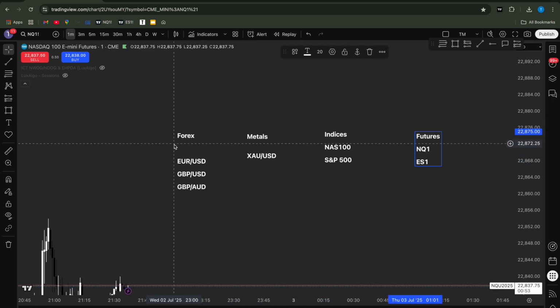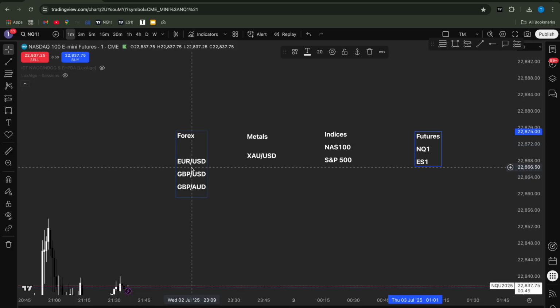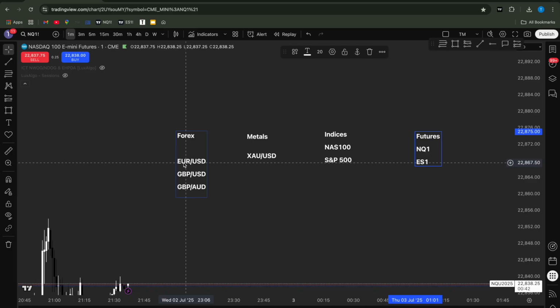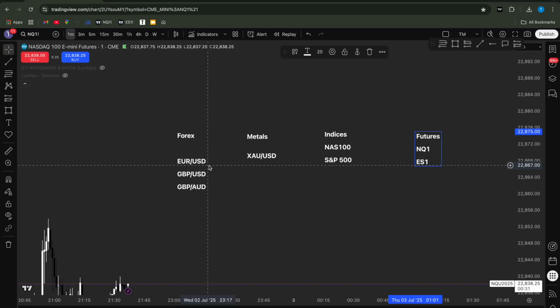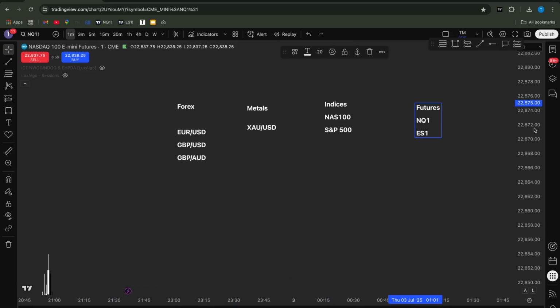So obviously, the one that you've probably all heard about, forex. So that is foreign currency pairs. That's what you're trading. So essentially, when you see a pair, it is two currencies together. So euro slash USD. All that means is you are trading the euro against the US dollar. So this slash in the middle means against basically.